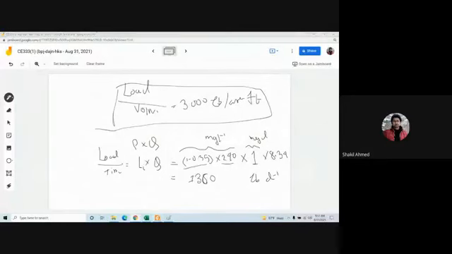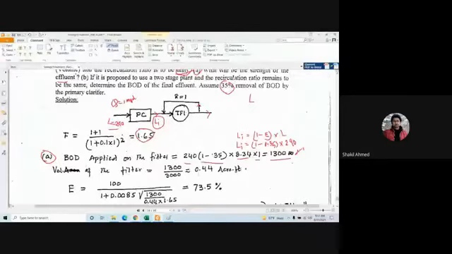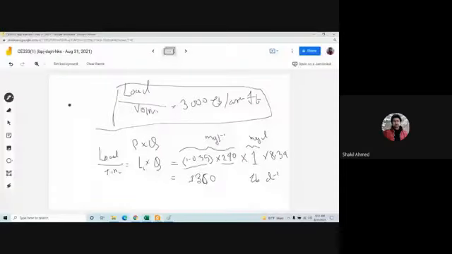Now, this load, let's look at this formula. This is given, by the way, guys. And load here means load per unit time. So 1300 divided by volume equals 3000. What will be the volume then?